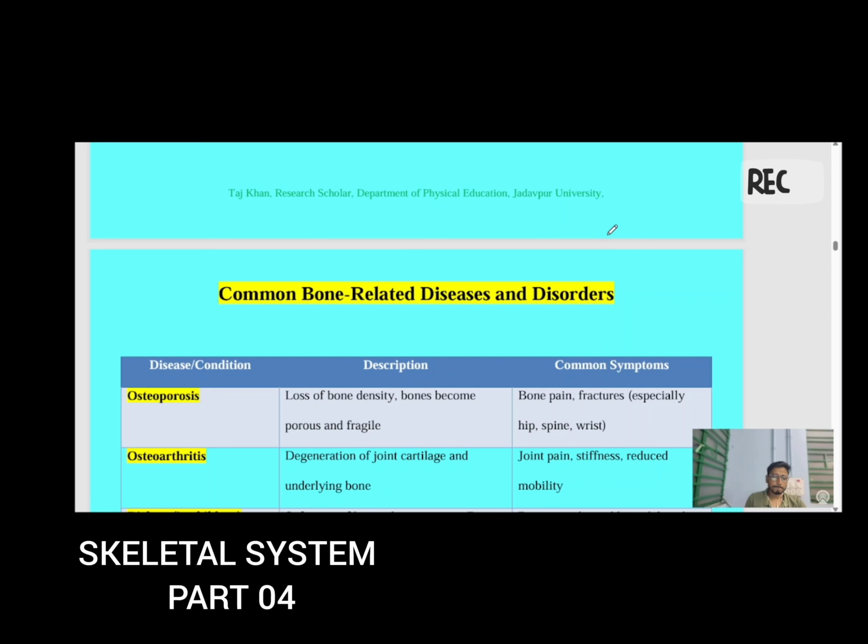Today we are learning about the types of bone marrow. There are 2 types of bone marrow, red and yellow.